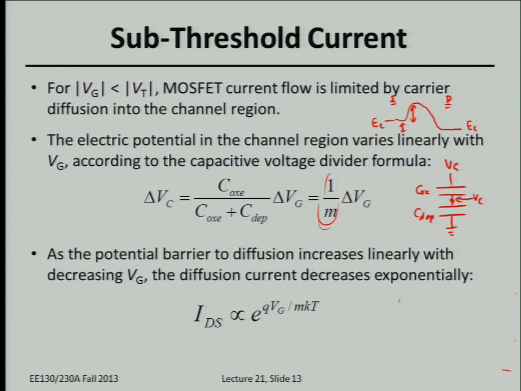Okay, so as you change the potential barrier height for diffusion of carriers into the channel, let's plot this, like from the first part of this course. Let's look at the density of electrons. And this is the conduction band edge, okay, as a function of energy.